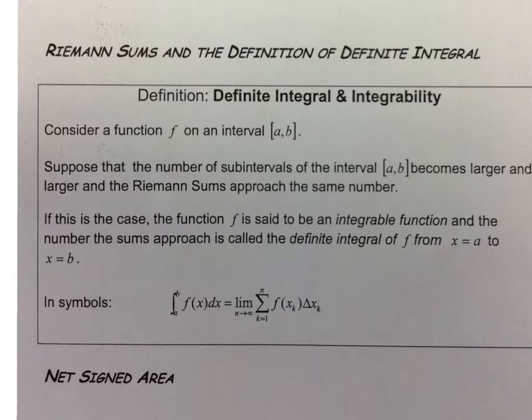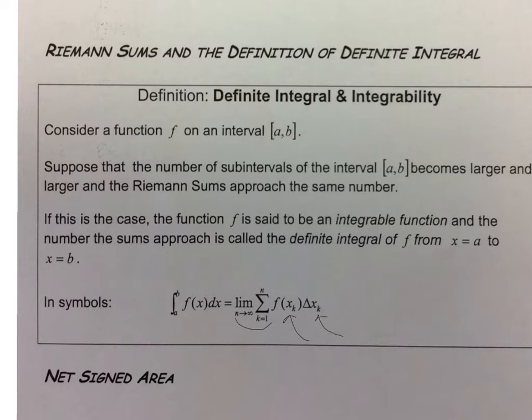The expression on the right, you already have seen that it represents the area. The limit with the sigma is a summation of an infinite number of rectangles, where f of x sub k is the height of the rectangle and delta x sub k is the base.